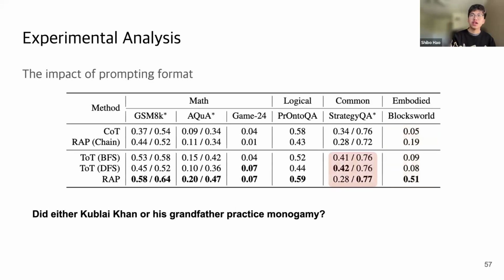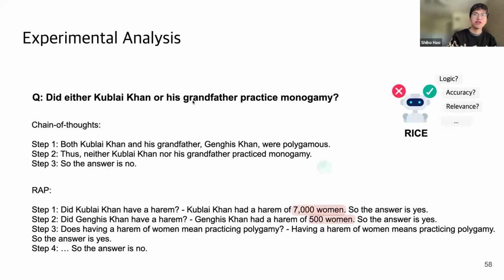Okay, and we also find sometimes the format of the prompt also matters. For example, in this case, chain of thought just gives some general reasoning chain and gives you a reasonable response.